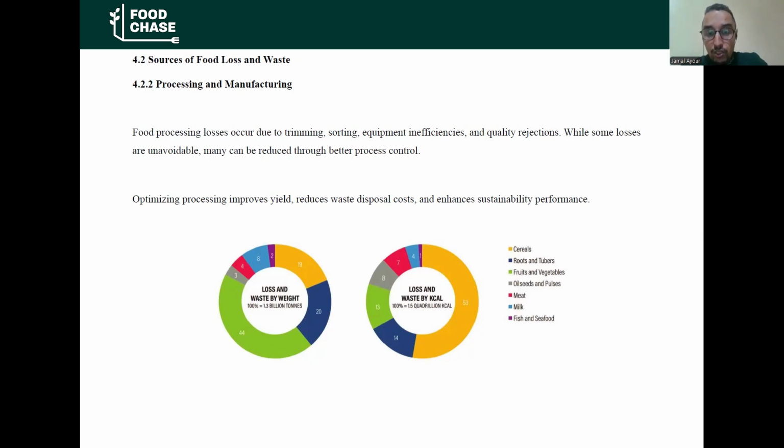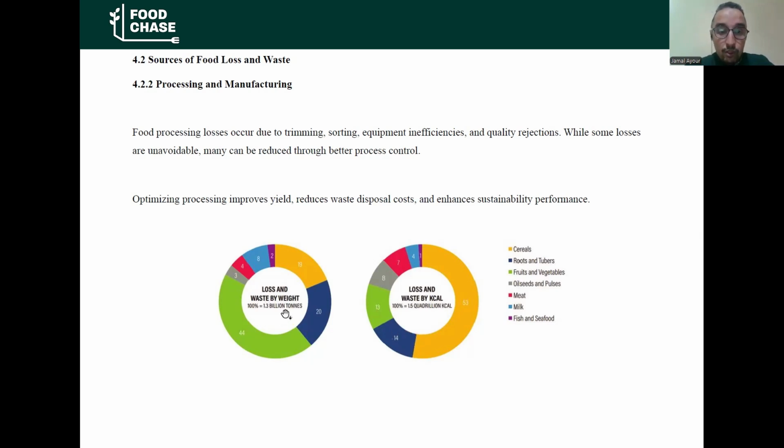In this picture, we see this loss and waste by weight for different sectors. For cereals, for example, for roots and tubers, for fruit and vegetables. You see that cereals is the highest for loss and waste by calories, for example.